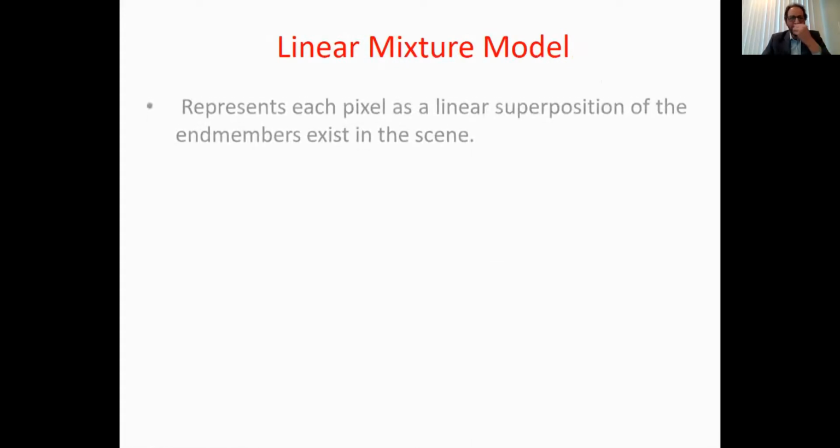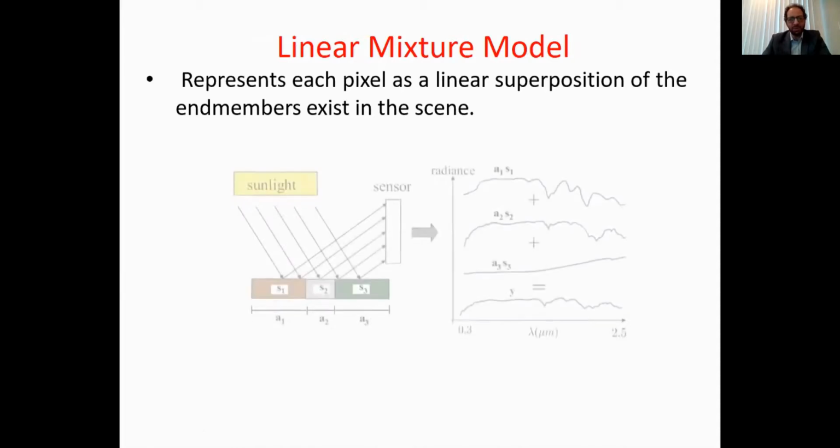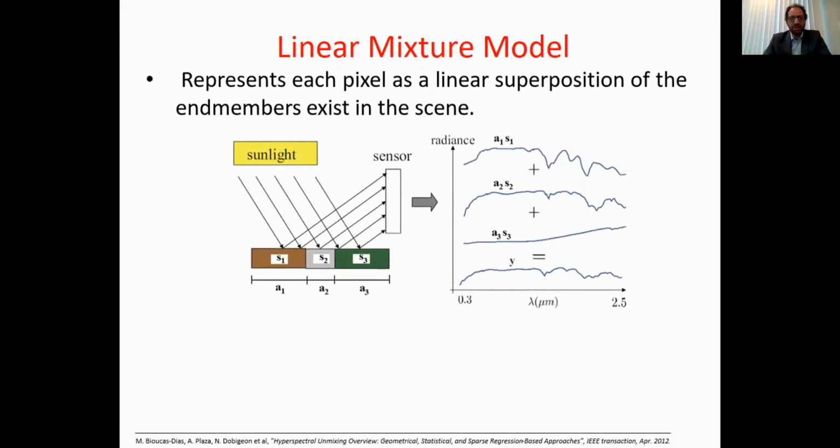Okay, we typically use a linear mixture model, in the sense that we're saying these spectra are mixed in a linear fashion. That is a good approximation. It works in most cases, but it's obviously not necessarily the most accurate. However, it ends up being more robust when we do the signal processing. So here we just look at it and say, this is the sunlight having all kinds of wavelengths.